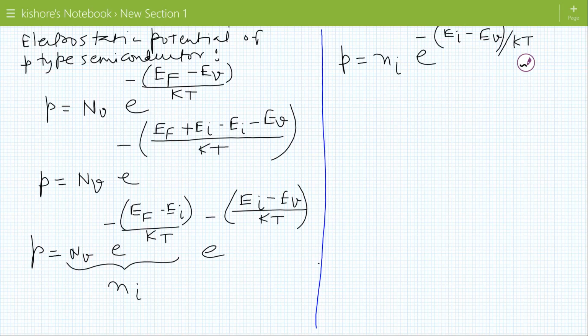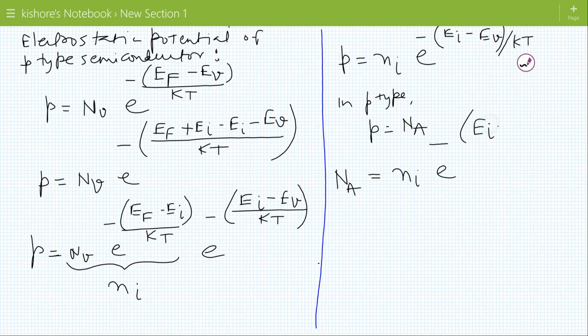Now in p-type semiconductor, concentration of holes is equal to acceptor impurity concentration, and Na is Ni e to the power minus of Ei minus Ev.